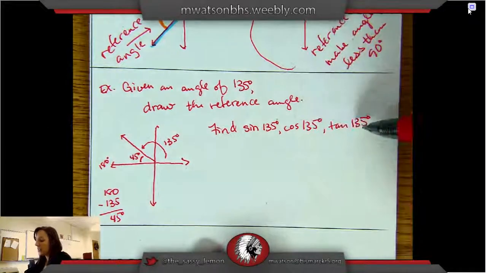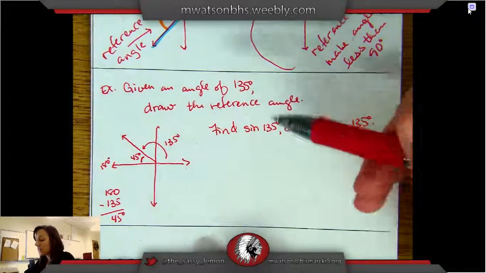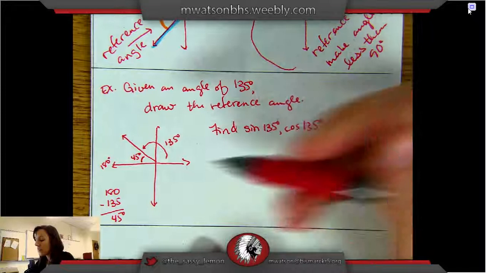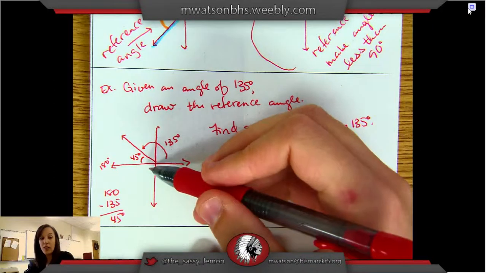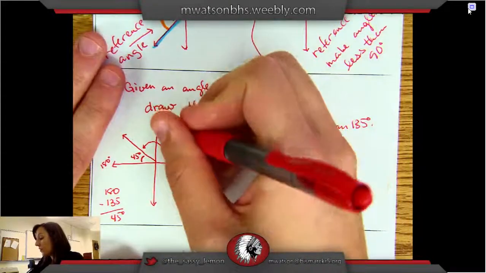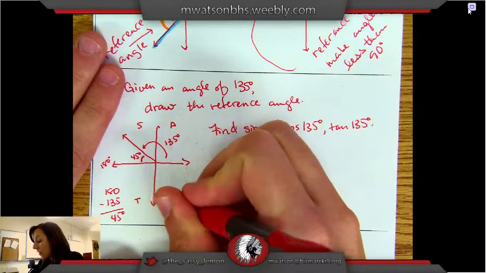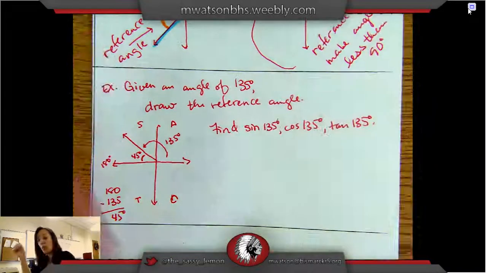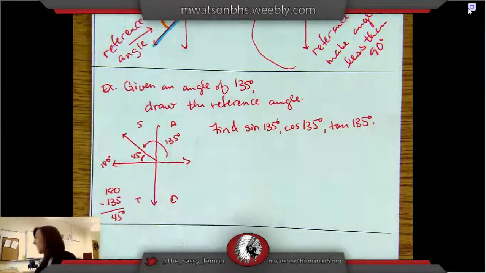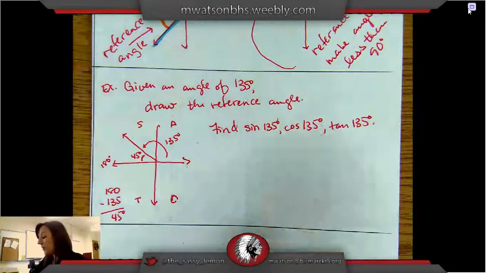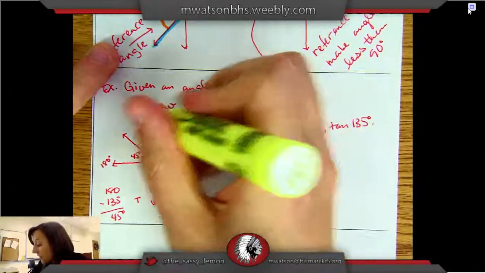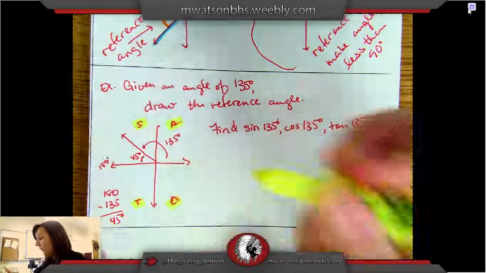Sine, cosine, and tangent are just simply sine, cosine, and tangent of our reference angle. But we also need to take into account the negativity of certain trig functions given the quadrant you're in. All students take calculus.